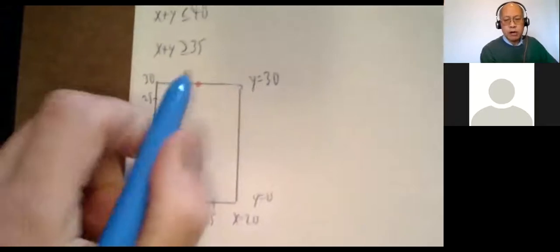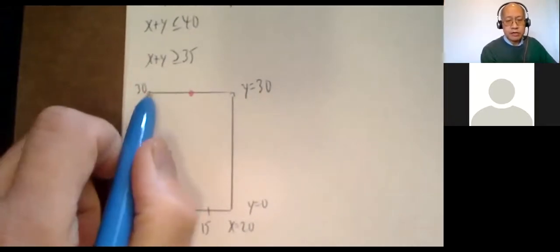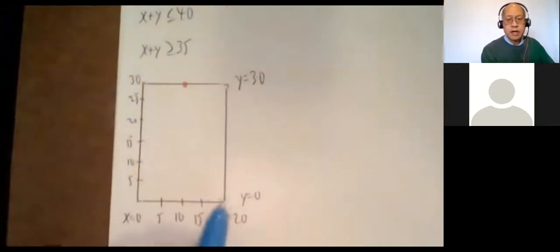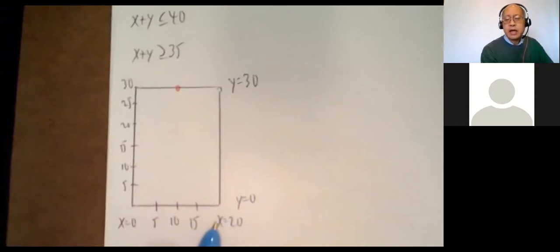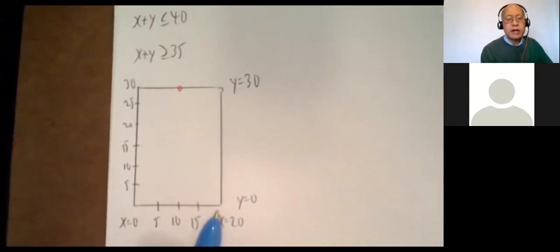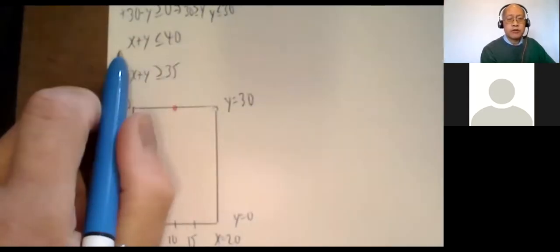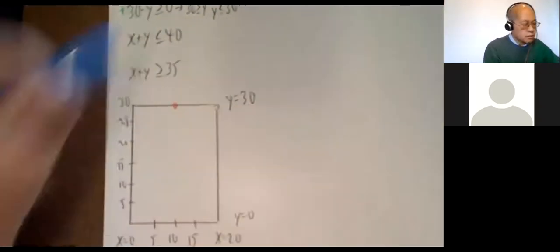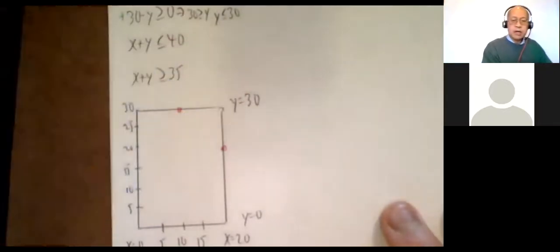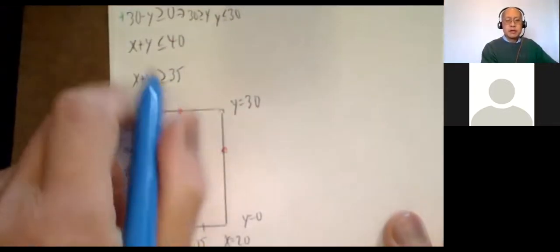Where'd I get that from? Well, the highest Y value I can have is 30, so I plug in 30 and get 10. And the biggest X value is 20. What happens when I plug in 20? 20 plus what number is 40? Well, 20. So 20, 20. That's right there. Connect it with a solid line.